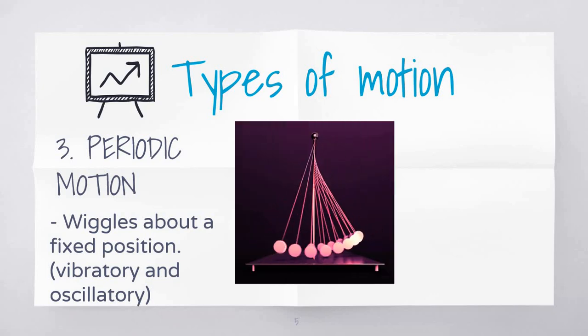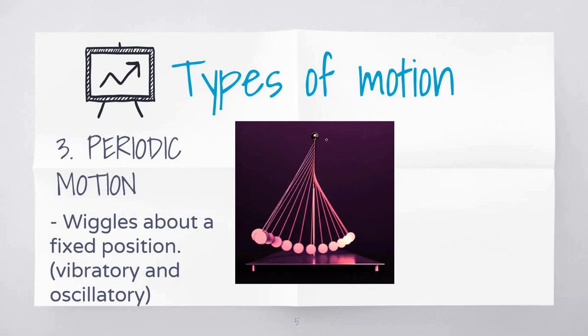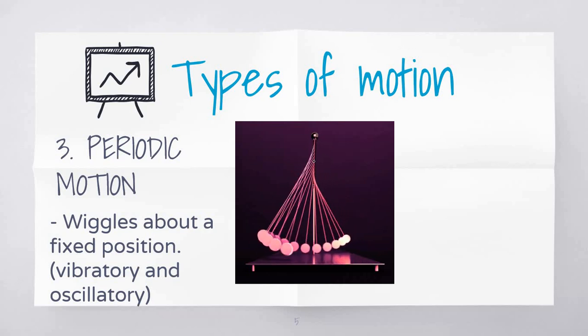This one right here is a simple pendulum. It is attached to this stick right here. The pendulum doesn't get away from that point, but it wiggles on that fixed position. So this is an example of periodic motion.